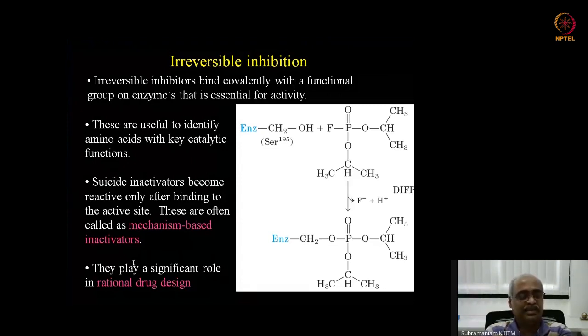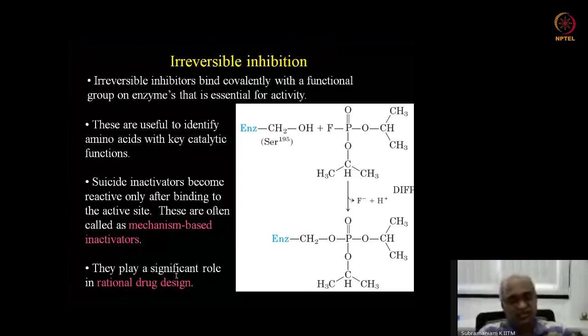And since the inhibition is dependent on the mechanism of the enzyme-catalyzed reaction, they are also called mechanism-based inactivators. Understanding of these helps in rational drug design. Drugs, I told you, are actually inhibitors of enzymes, and an understanding of what kind of distortions they undergo and what readily binds to the active site irreversibly, etc., helps in designing the drugs.